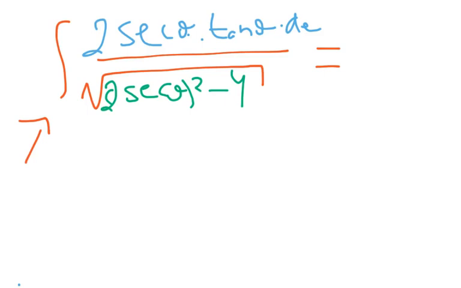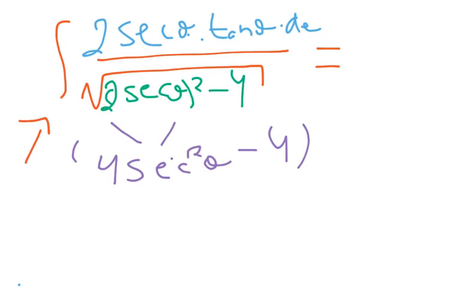What we've got to do, of course, is square this whole thing. So I will write it down right here, which is 4 secant squared of theta minus 4. And then you may think, oh no, it's a square root. What am I gonna do? Well, it's not a big deal either, because you pull the 4 out of the equation, you are factoring it out, and then you've got minus 1.